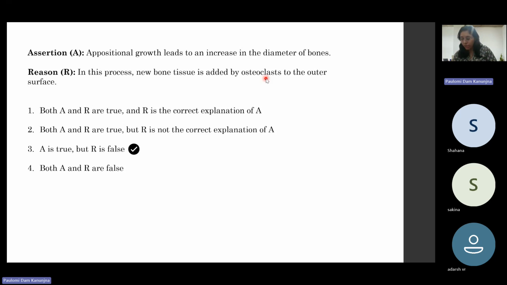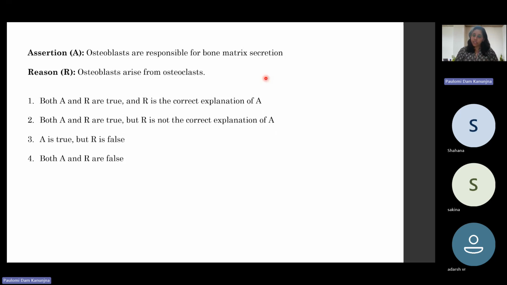So the answer should have been osteoblast and not osteoclast. If it was blast, one would be the correct answer. Because it's clast, it's incorrect. Right? Be mindful of the words. Right. So osteoblasts are responsible for bone matrix secretion, and osteoblasts are arising from osteoclast. Simply tell me if the second statement is correct or not.